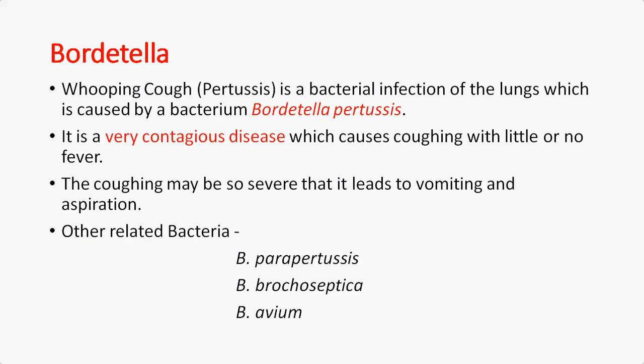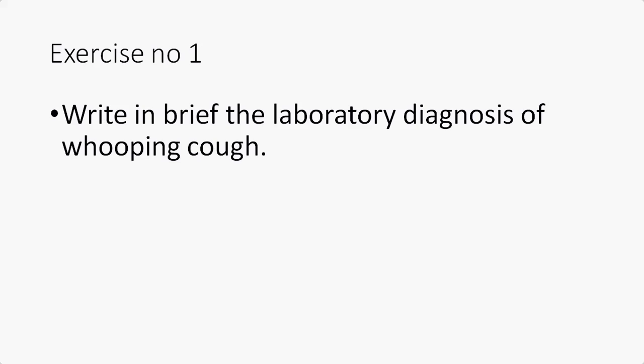It is characterized by paroxysmal cough ending in a high-pitched inspiratory sound described as a whoop. Therefore, it is called whooping cough. There are three other species: Bordetella parapertussis, Bordetella bronchiseptica, Bordetella avium, apart from Bordetella pertussis.